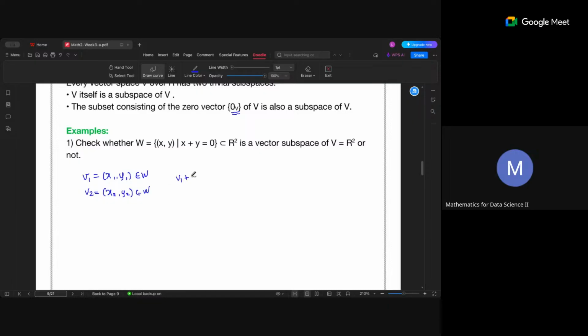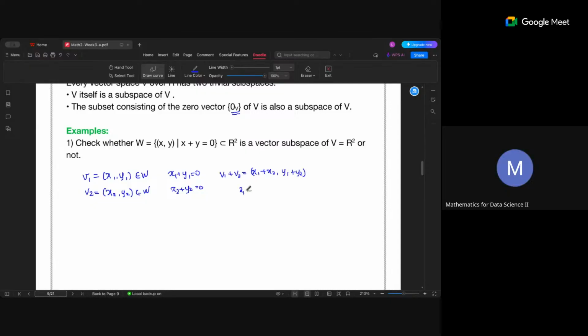So what is the condition? First of all, if they are in W, we know that x1 plus y1 is 0, and in the same way, x2 plus y2 is 0. So now what is V1 plus V2 here? It is (x1 plus x2, y1 plus y2).